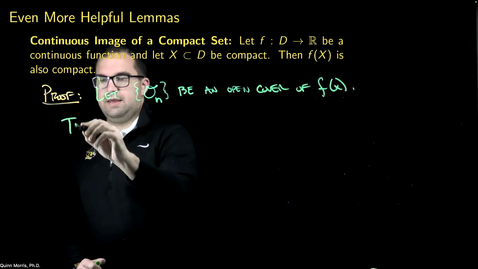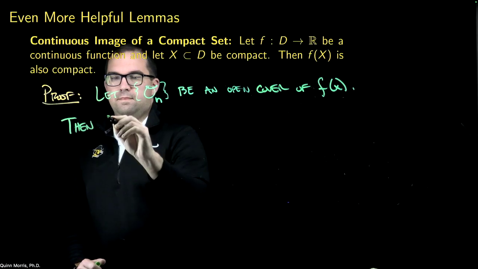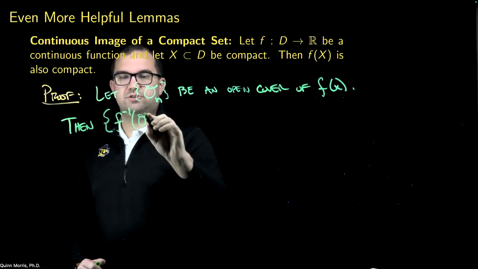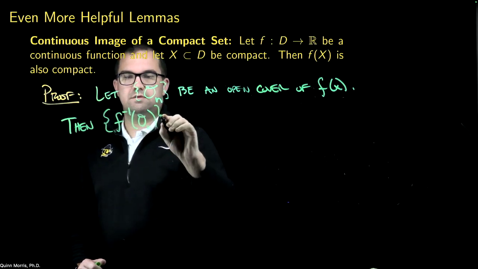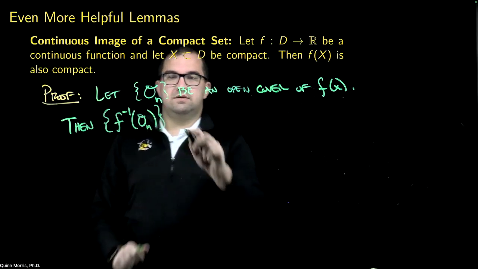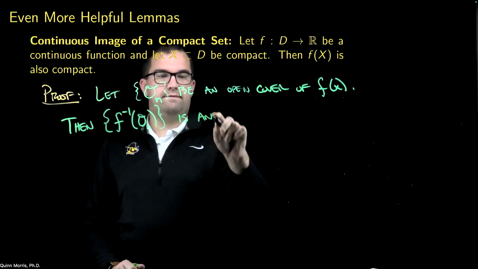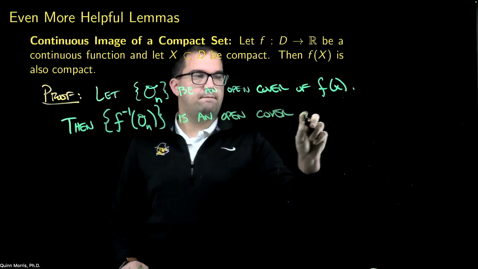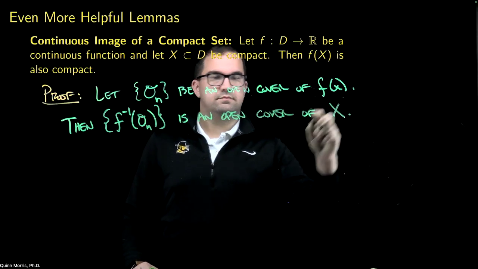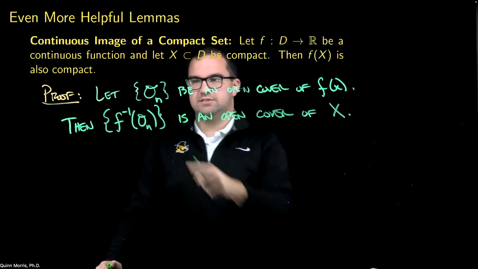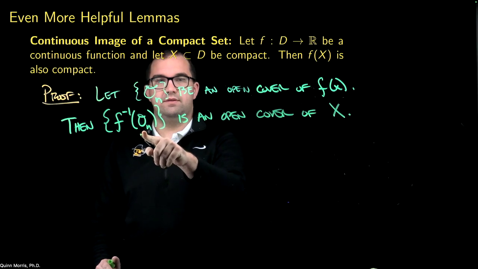So then we're going to claim that if I take the preimage of each of those open sets, okay, this is an open cover of X. Okay. Now, to see that it's an open cover of X, you just need 2 things. The first is that each of these is open.